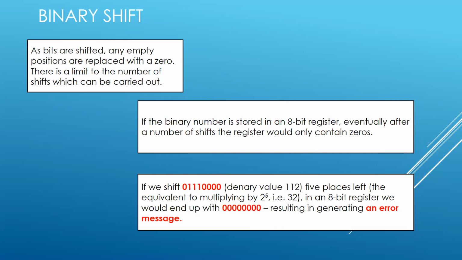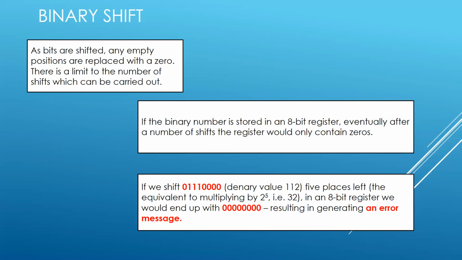If I say I'm performing the left shift, which means 2 to the power 5 or multiplied by 32, so you can see if I'm performing left shift 5 times, then it would end up with zeros in the entire register. The entire byte is composed of all zeros. Is it correct?